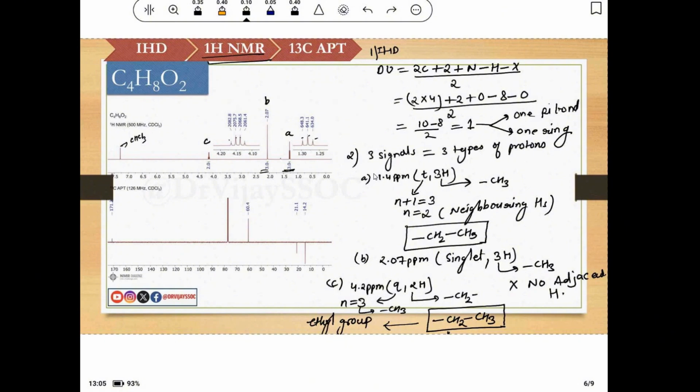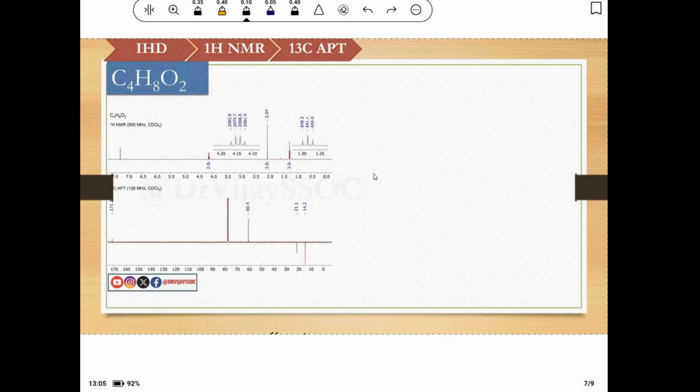Now look at the carbon NMR. From this carbon NMR, we can see that this value, which is around 171, usually corresponds to ester, amide, and carboxylic acid. But it could not be amide because we didn't see NH2 proton in the proton NMR. It could not be acid because we didn't see the acid hydrogen in the NMR.